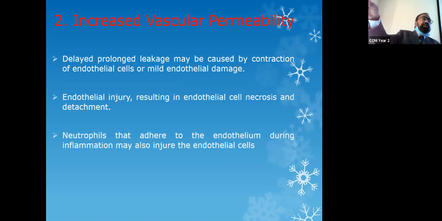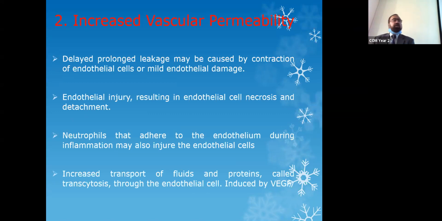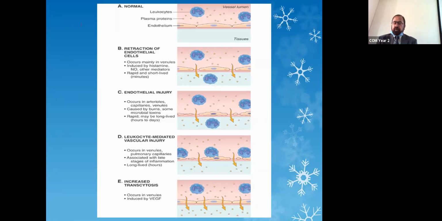I'll show you the picture and everything will be clear. And the last one is transcytosis, in which the endothelial cell itself makes a hole and the fluid can pass through those endothelium.